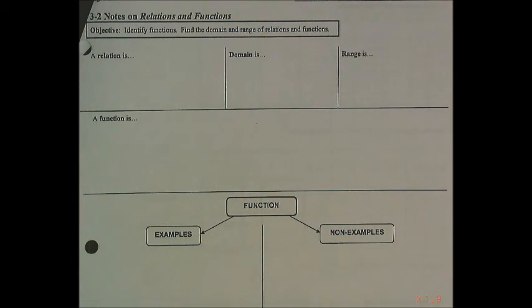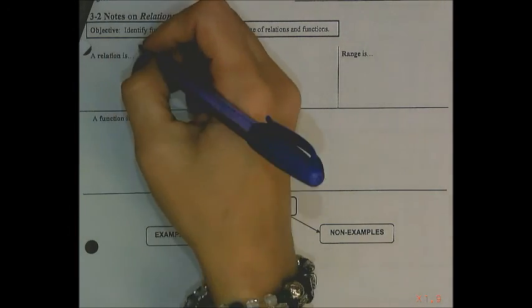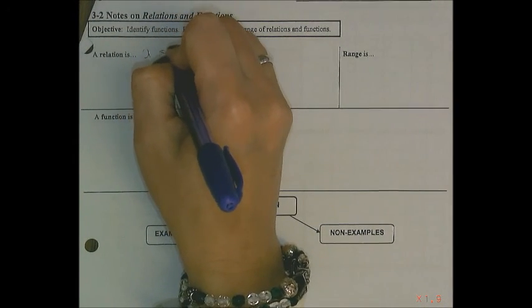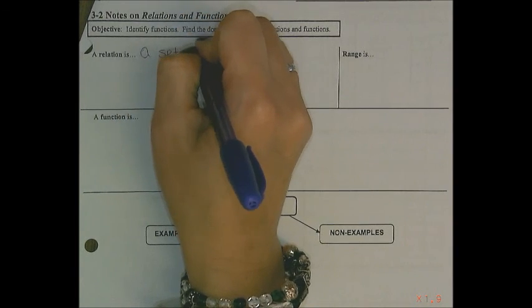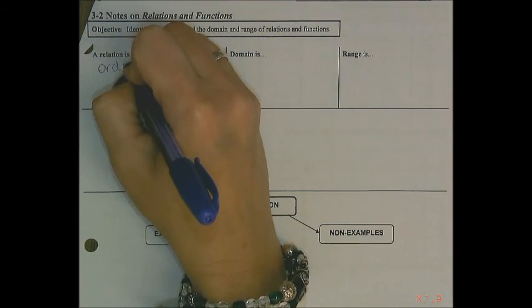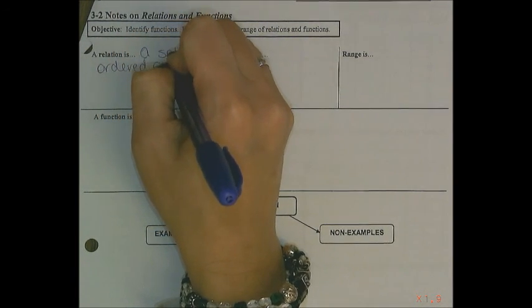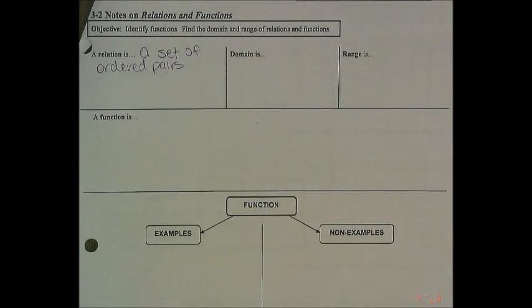Okay, so first definition, a relation is a set of ordered pairs. And now this set of ordered pairs can come to you in several different formats, okay?